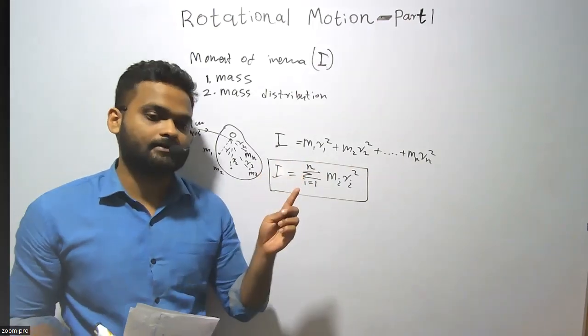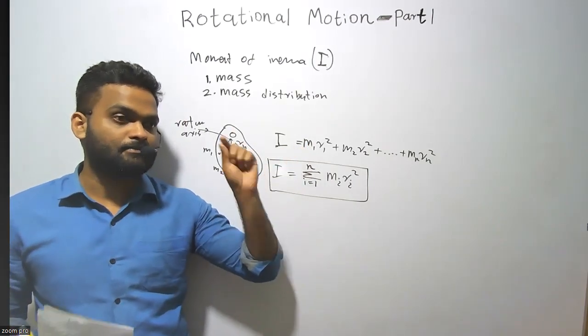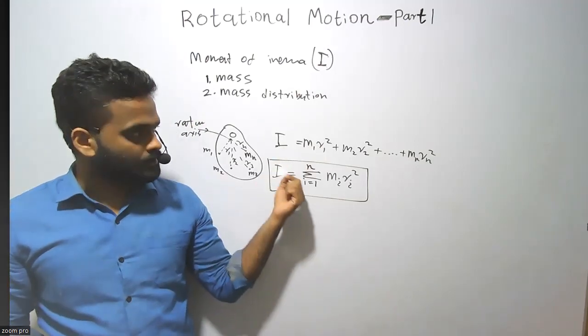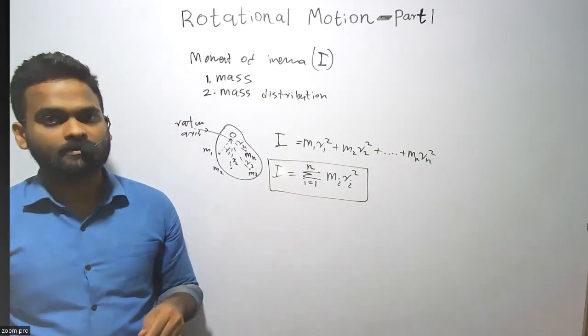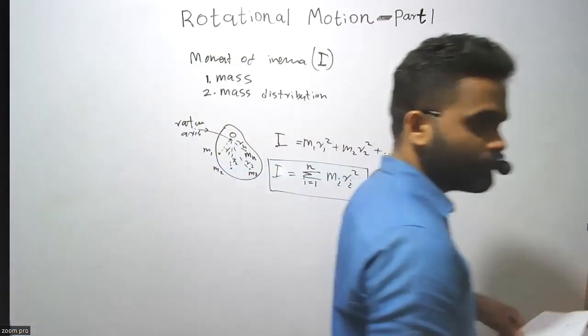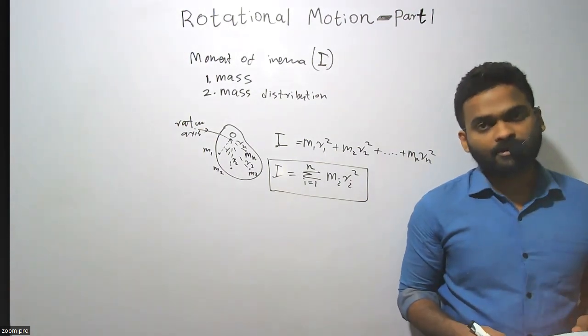So this is how we define the moment of inertia. So clearly you can see both mass and mass distribution, how the mass is distributed, affect the moment of inertia. If the mass distribution is farther out, for the same mass, we have a higher moment of inertia.